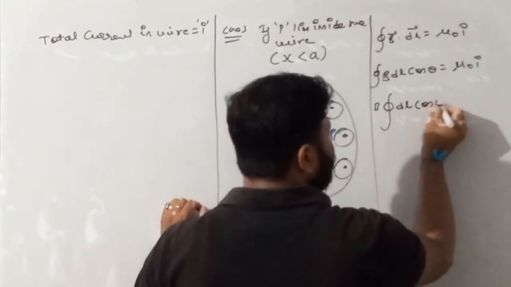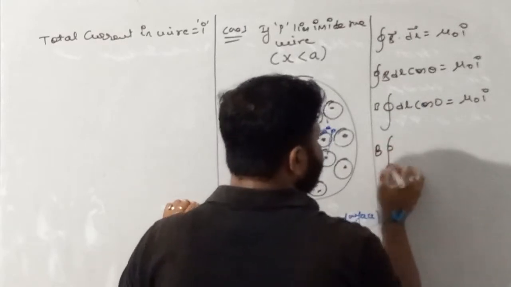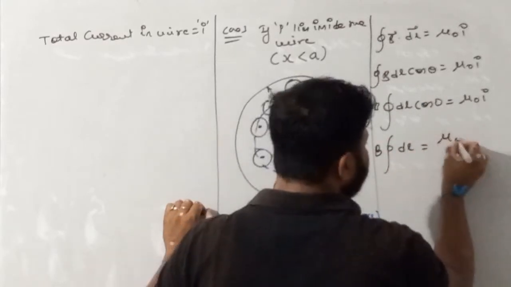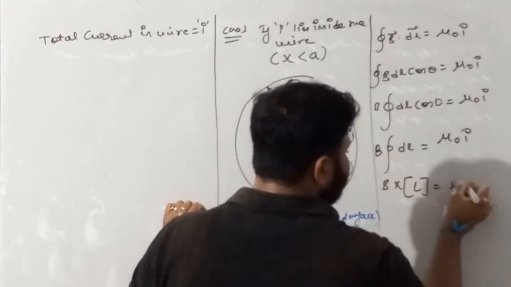So cos 0 is 1, and B closed integral dl equals mu naught I. So B into L, instead of dl, equals mu naught I.